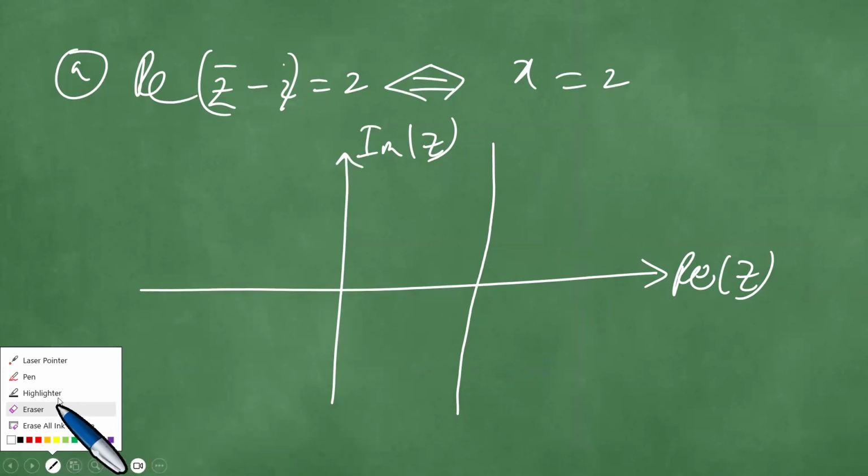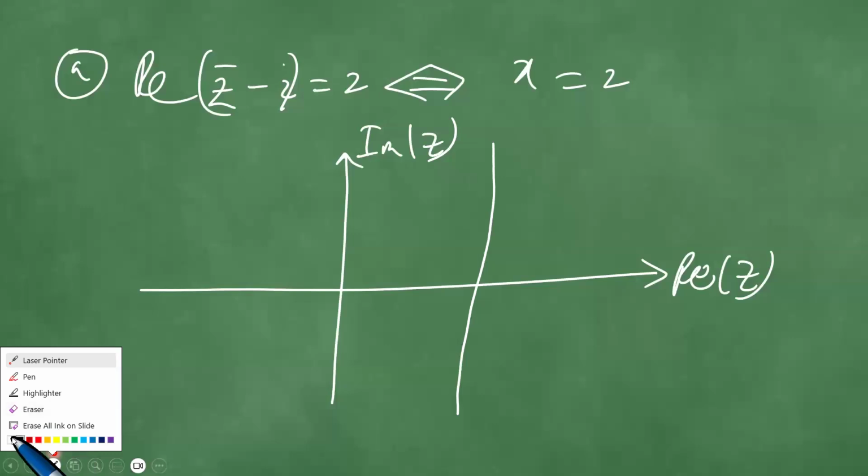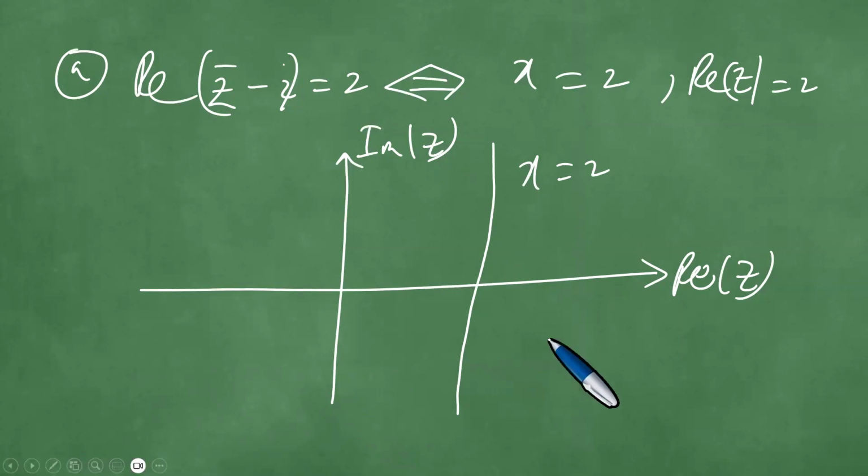This is the same as saying the real part of z is 2, and this is the graph of that. Normally, to sketch we just replace z by x plus iy and then sketch.